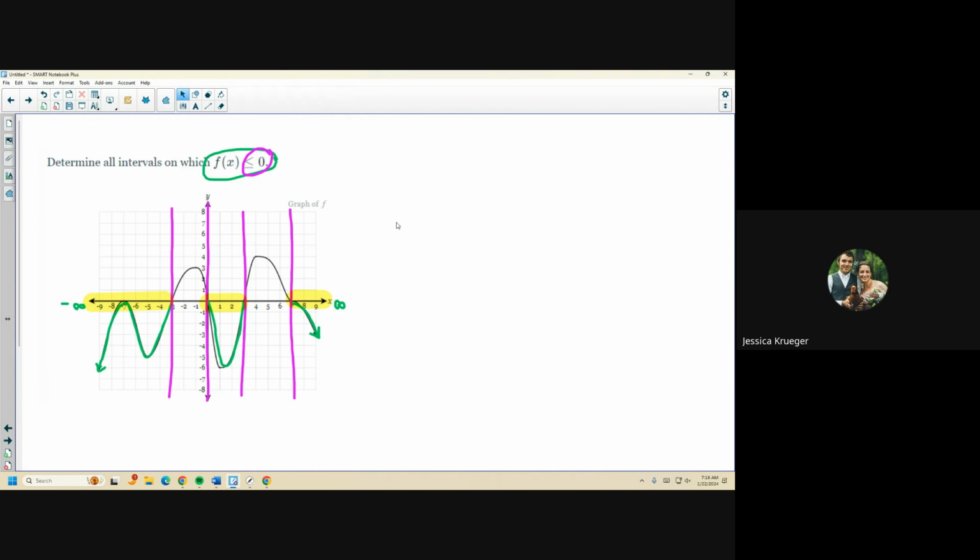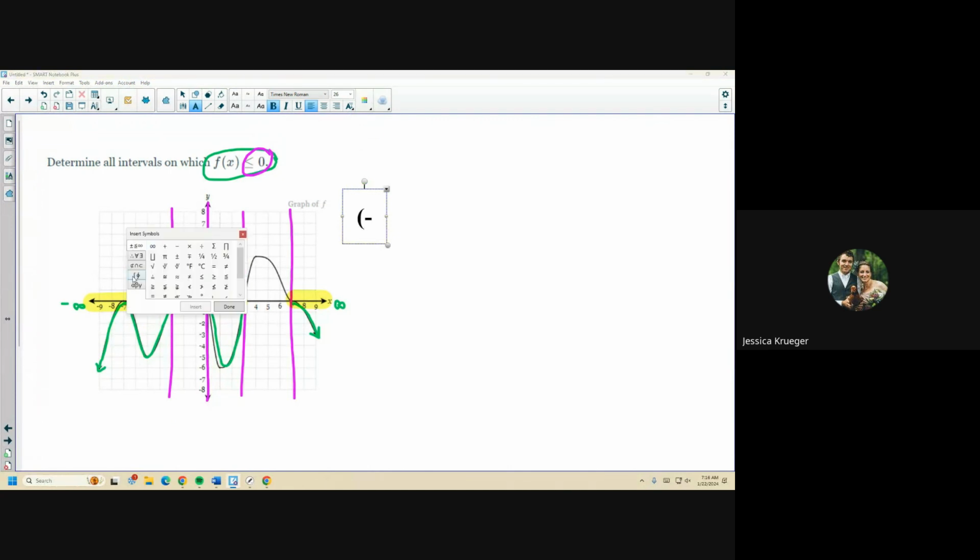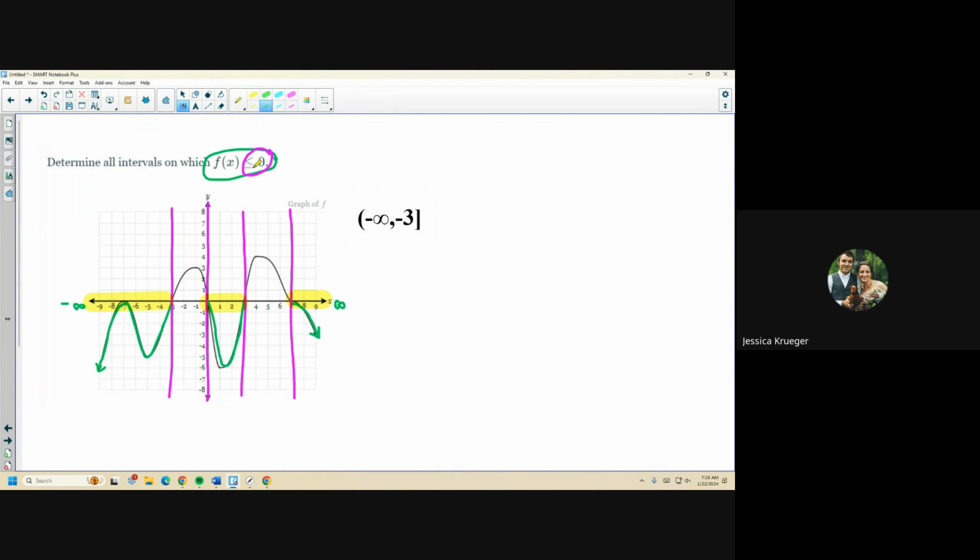This first interval on the left is going to start at negative infinity. I've got to see if I can find an infinity symbol. Negative infinity to -3. And I'm going to include it because it wants to know when it's less than or equal to 0.